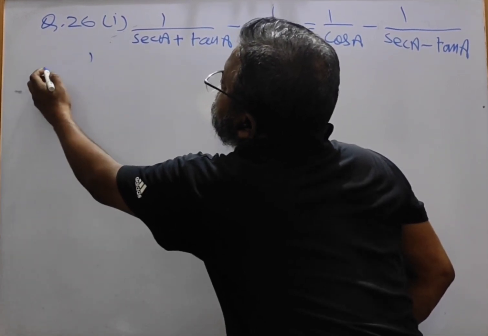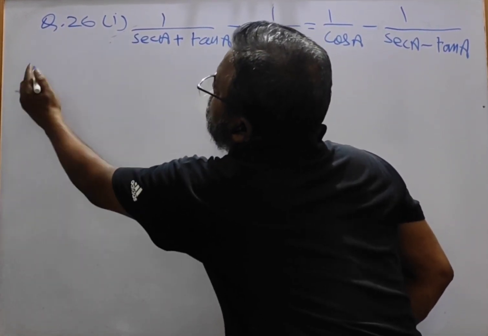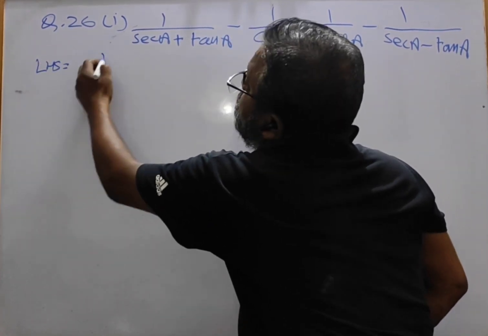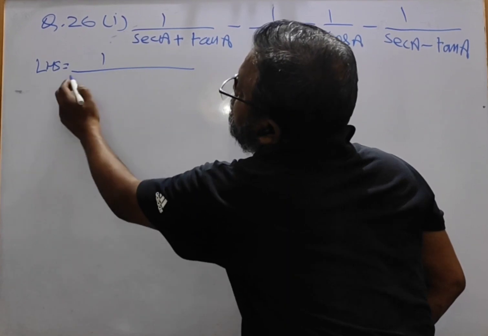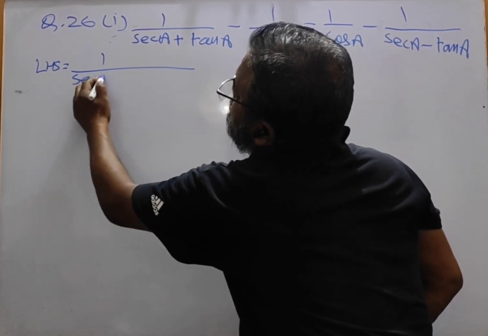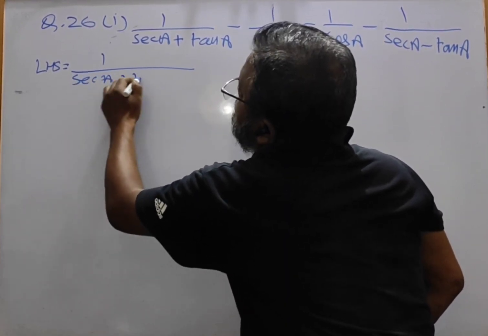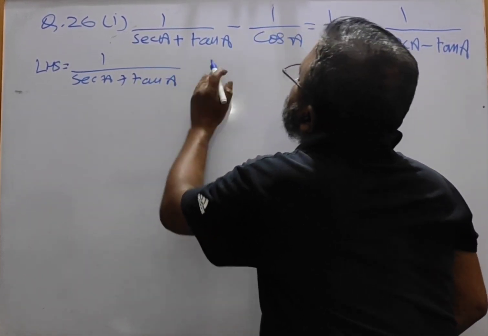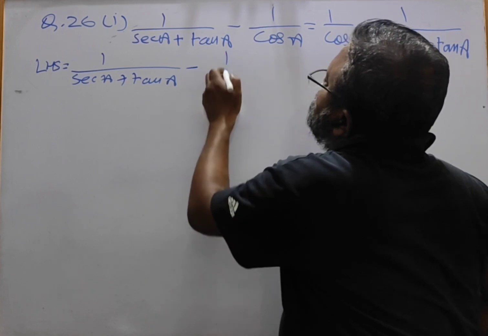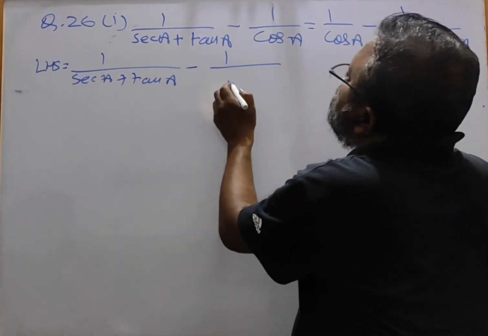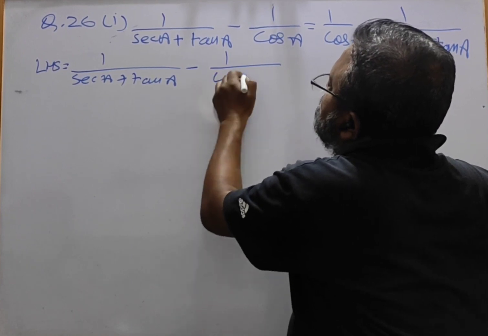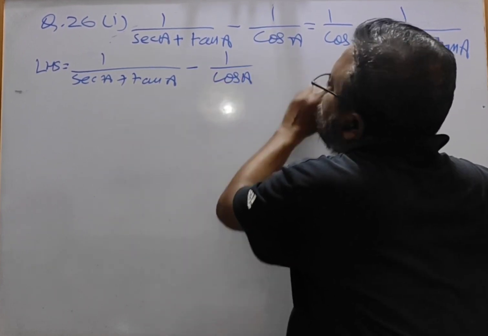So LHS: 1 upon sec A plus tan A, minus 1 upon cos A. Very nice.